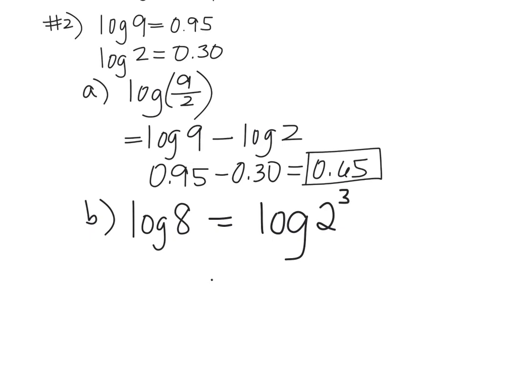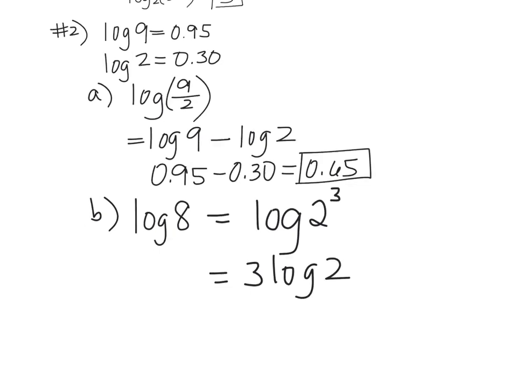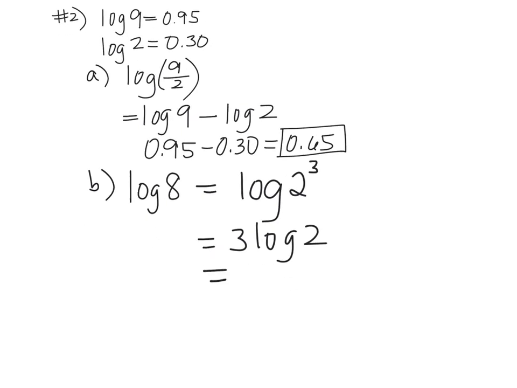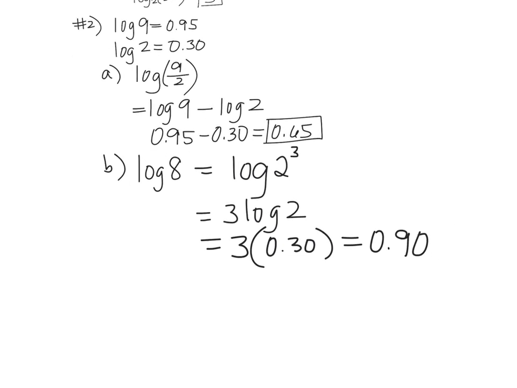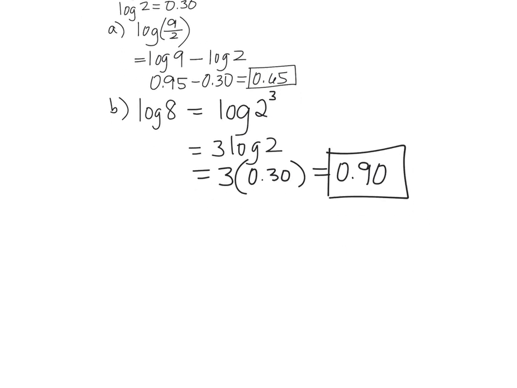Bring the 3 down to the front, because that's a log property. It's actually my favorite property. And then you get 3 times the log of 2, and the log of 2 is what we have. So you want to get everything to log 2s or log 9s. We have 0.30, so our answer is 0.90. Whew. Thought that was a bad problem. Is that good? Yeah, it's pretty good.